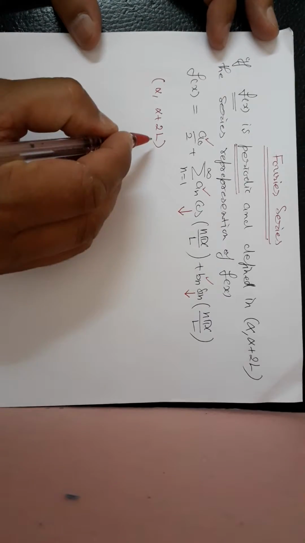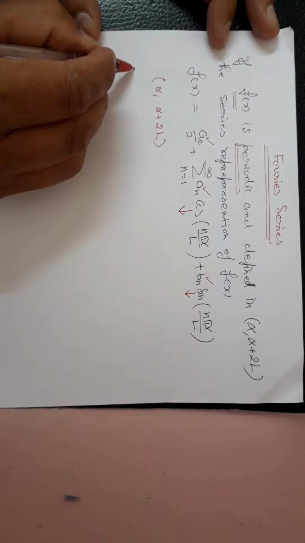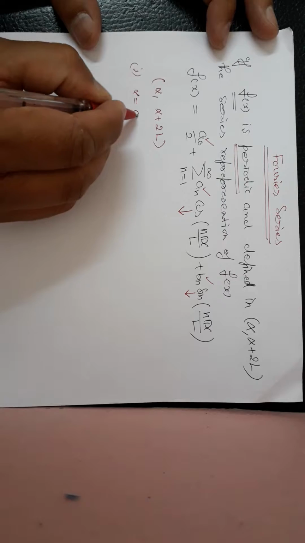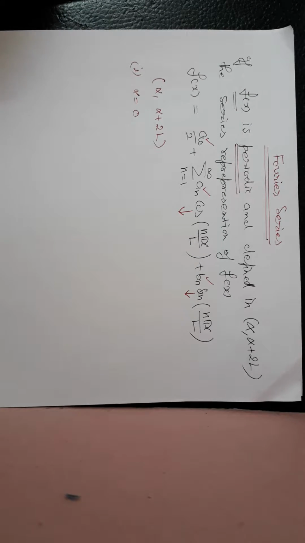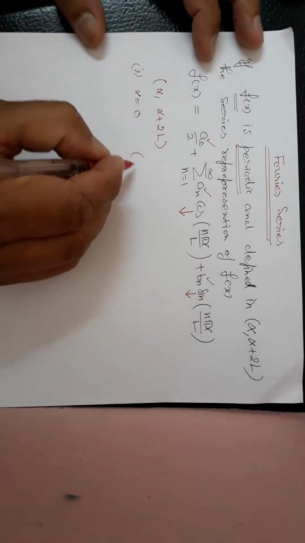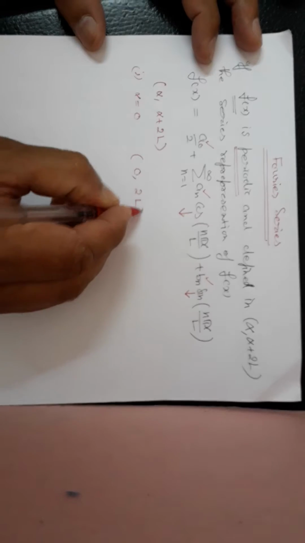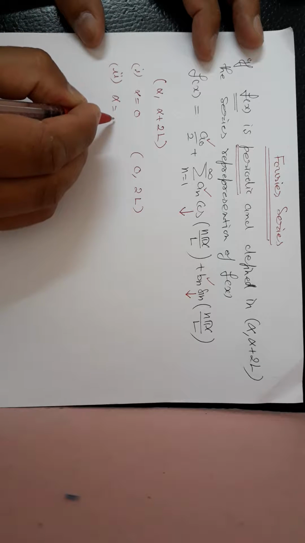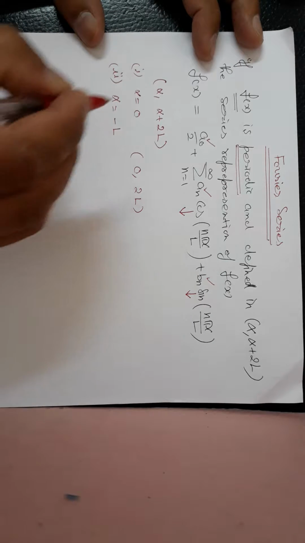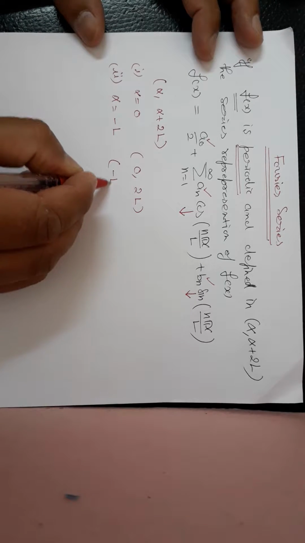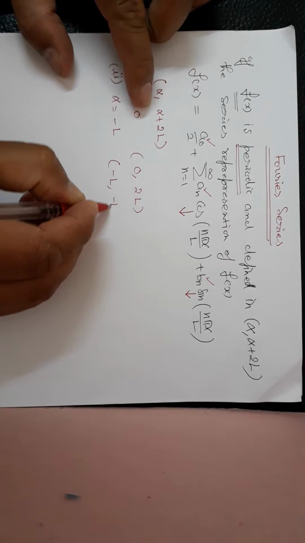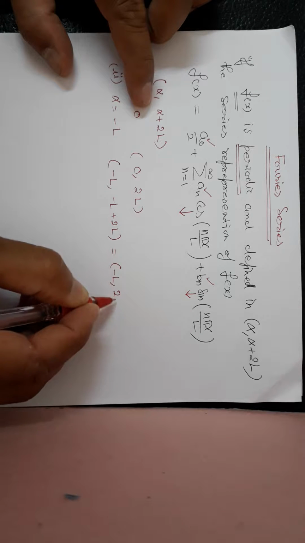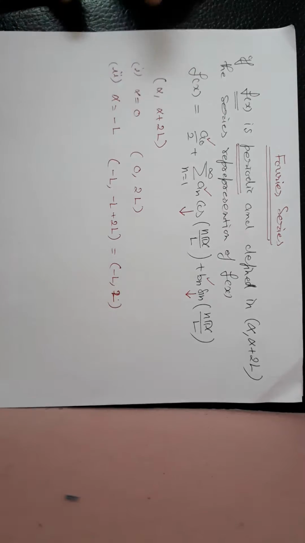Now for this alpha, there are cases. If alpha is 0, then this interval becomes 0 to 2l. Second case, if alpha is minus l, then this interval becomes minus l to minus l plus 2l, that is minus l to l.